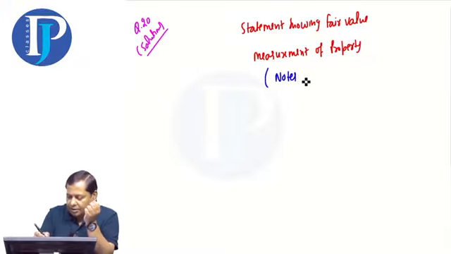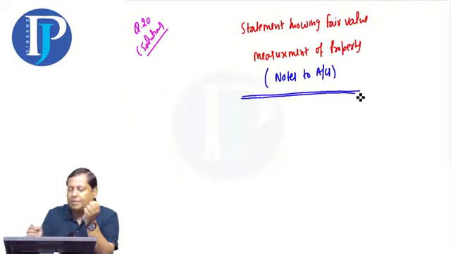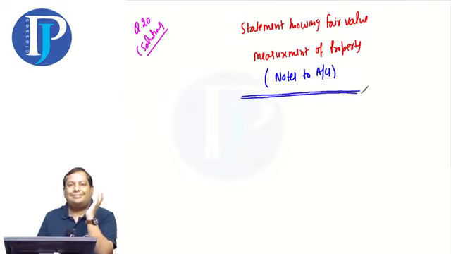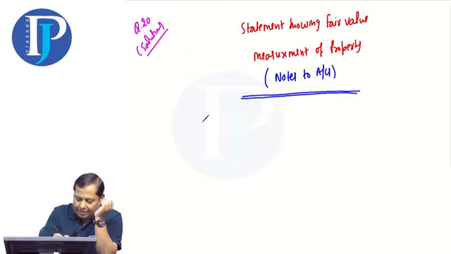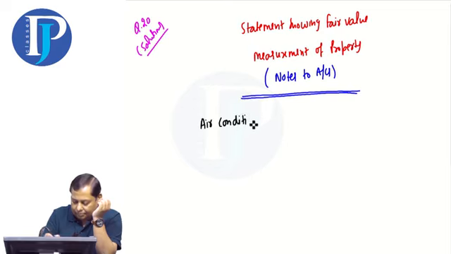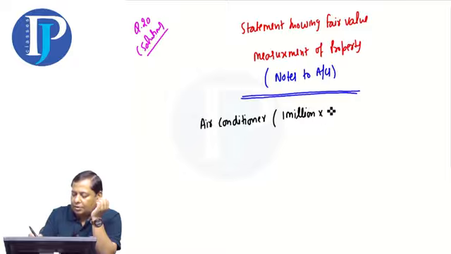But remember, we are doing all this work just for the notes to the accounts, okay? Remember this, students. First I will write air conditioner. We had invested 1 million. And we'll take 70% of it. It will be 0.7.